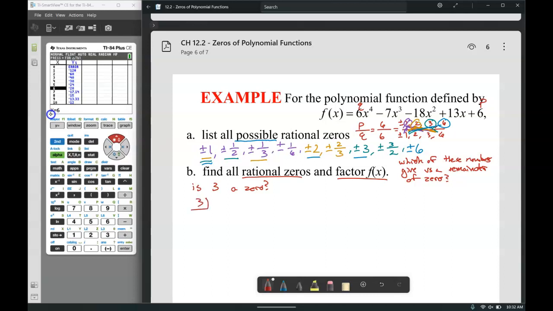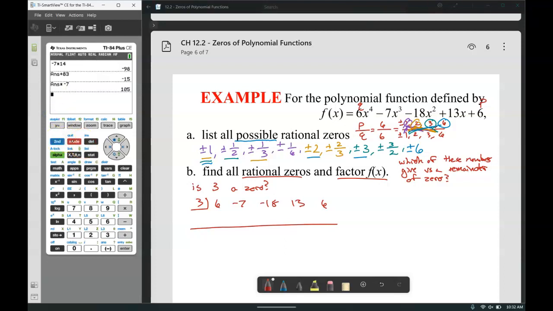We'll do synthetic division with the 3. We'll set up our algorithm, and we're going to go through and do the synthetic division. We may need to use our calculator a little bit as some of these numbers get bigger. So we get 18, 11, 33, 15, and then we get 45.